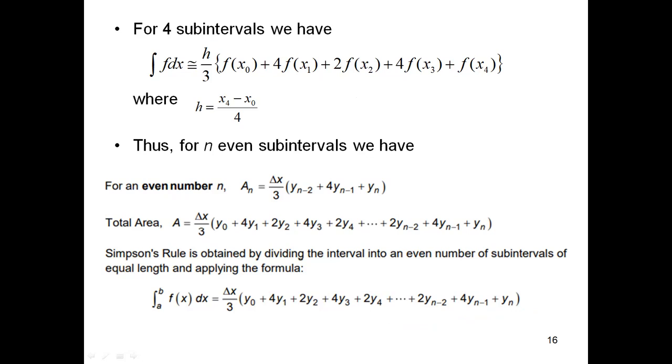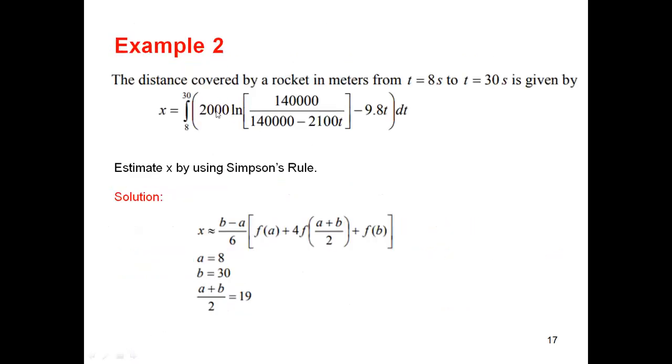Now, let's see in terms of a specific example. Let's say you have that. Now, this time, the example that I have chosen is no longer an elementary integral. This is non-elementary already, because you have here ln of 140,000 divided by the quantity 140,000 minus 2,100t, and you cannot process this expression using the techniques of integration.